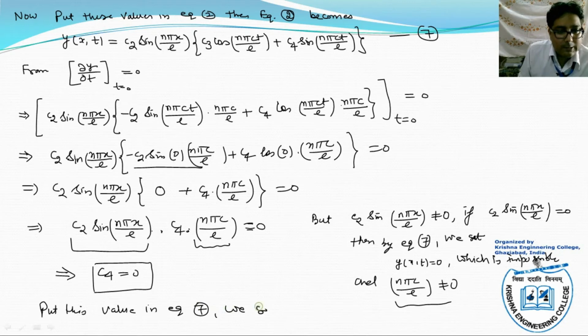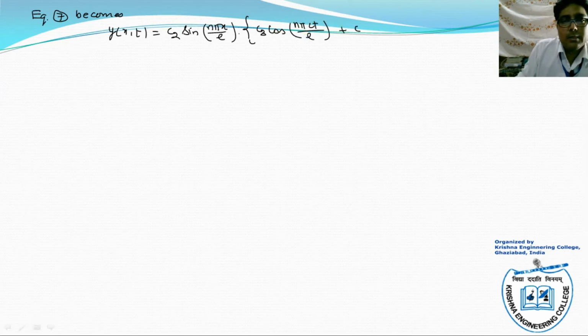So equation 7 becomes y x comma t is equal to C2 sin n pi x by L into C3 cos n pi Ct by L plus C4.